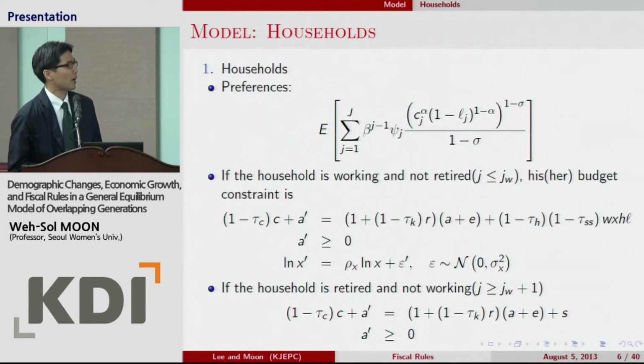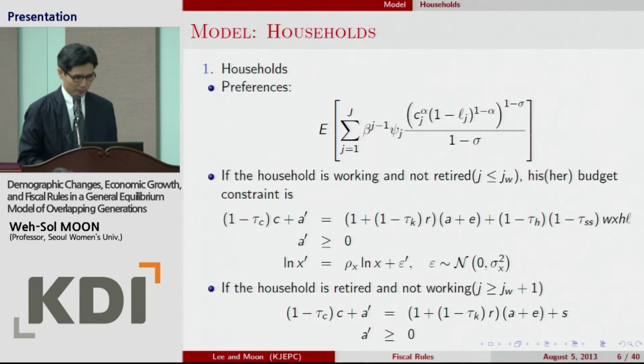There are two different constraints. The first one applies only to households that are working and not retired. The second one is just for retirees. They don't have any labor income, just transfer income, social security like a pension.